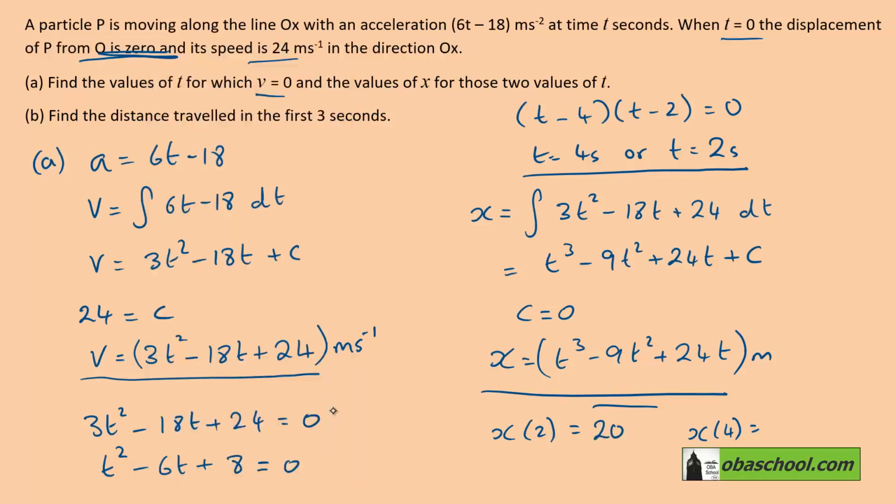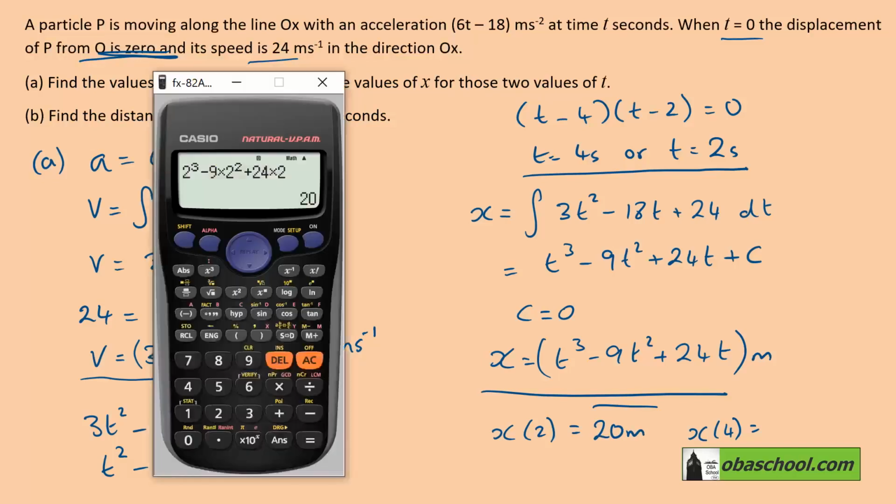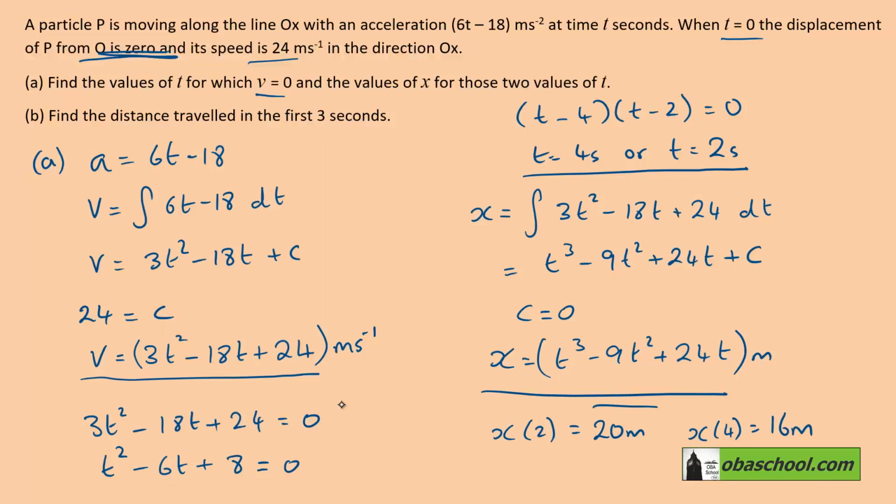So that's going to be 20 meters. And we also wanted x of 4. So that's going to be 4 cubed, take away 9 times 4 squared, add 24 times 4, which gives us 16 meters.